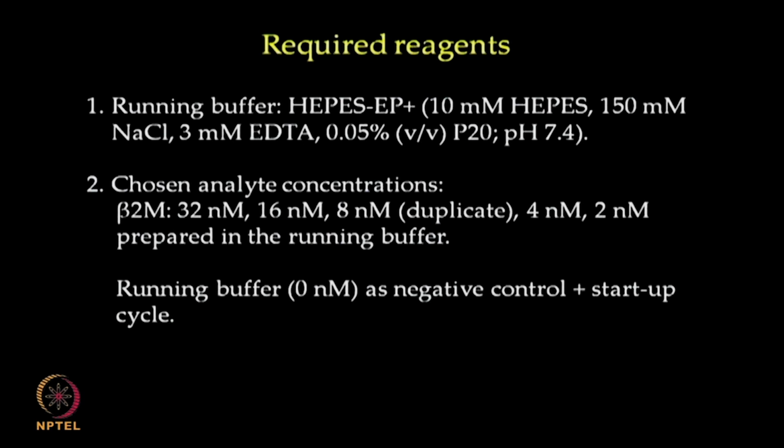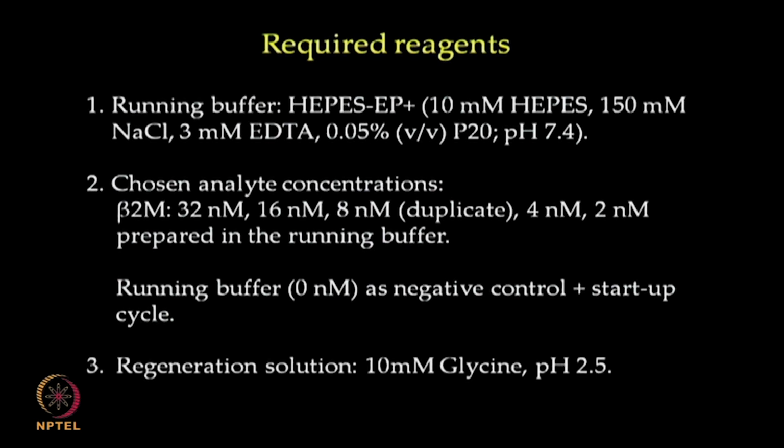We will be using HBS as zero concentration negative control for the reaction as well as for the initial startup cycles. For regeneration solution, we will be using 10 millimolar glycine pH 2.5. We shall now proceed to set up our experiment for kinetic analysis.